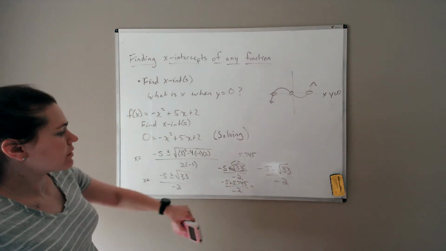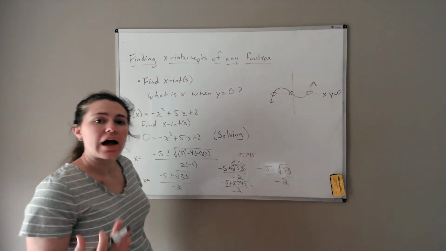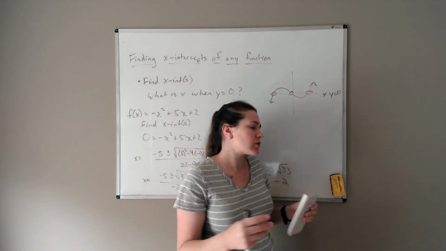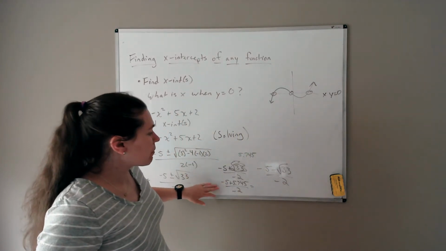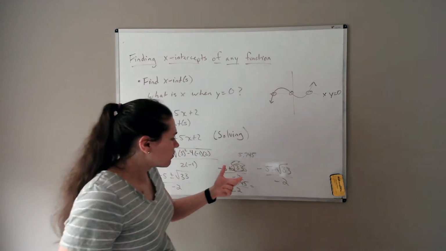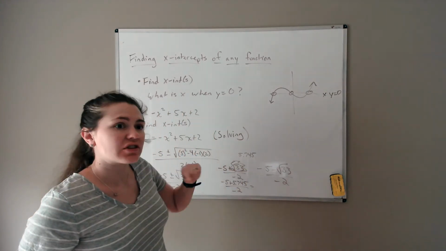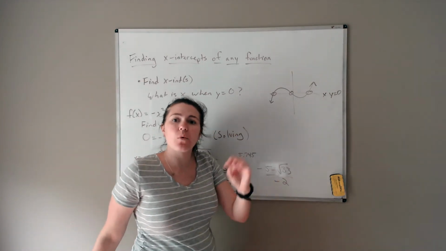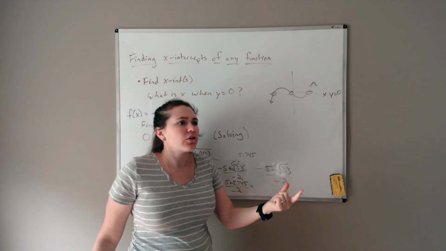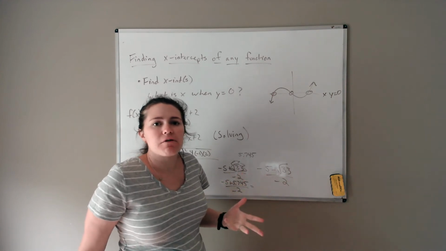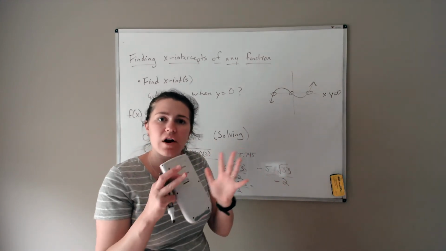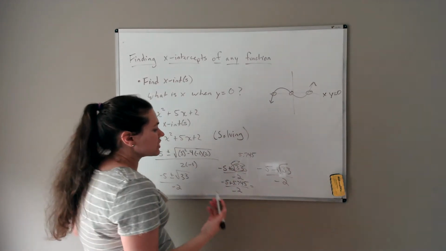This is going to be one of the x-intercepts, and we want it rounded because it will make more sense when I say a decimal answer, this is the value when y is 0, as opposed to saying the value of x when y is 0 is negative 5 plus the square root of 33 over negative 2. You really can't put context to where that number is, but if you see it as a decimal, you can.